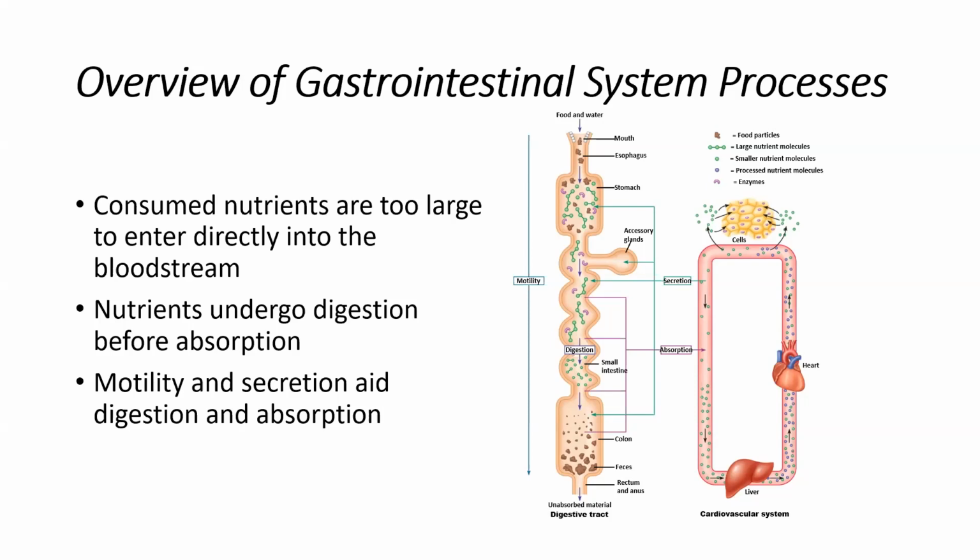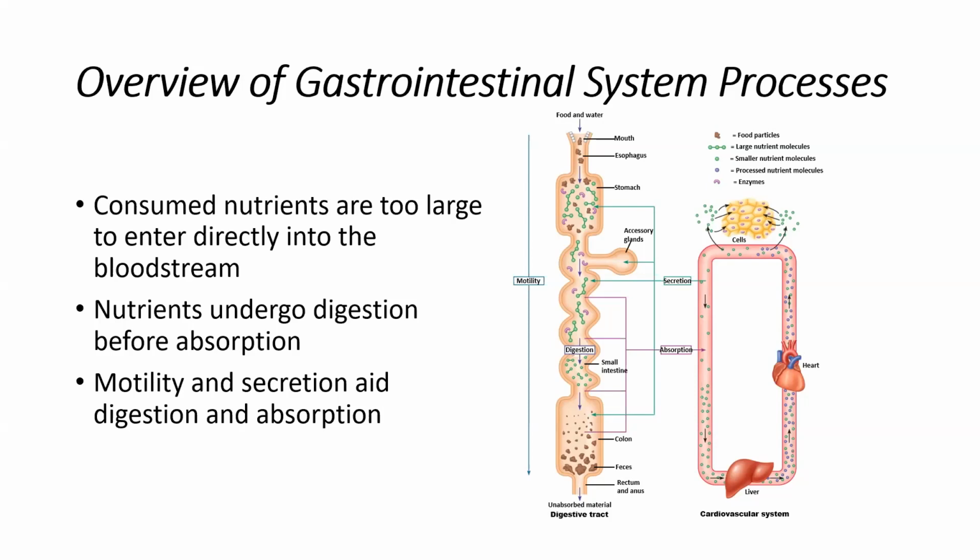The other part of that is secretion. So secretion is the last process that's involved in aiding digestion and absorption. And that is where we move certain substances, usually mucus or secretory enzymes, digestive juices. We move those secretions from the areas where they're being made into the lumen. So it's going to be the opposite in terms of the direction of absorption.